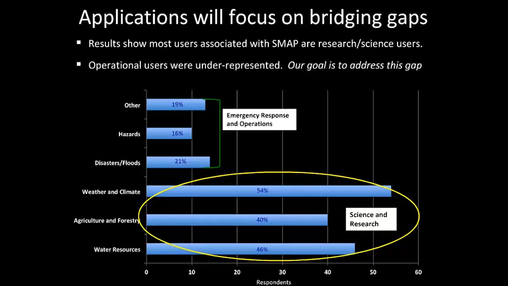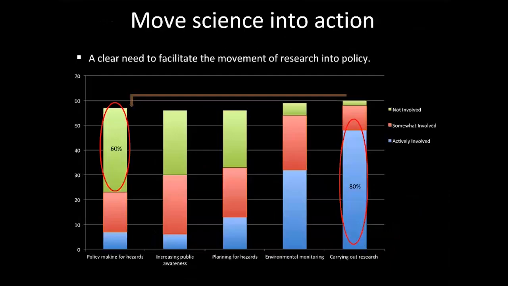So these categories are grossly underrepresented, and what we wanted to do from the survey was really understand why, because we listed our first action as let's increase communication with hazards, disasters, and floods and fire, but then increasing communication isn't necessarily enough. We really needed to understand why that community was not well represented.